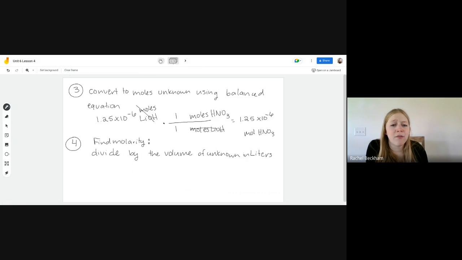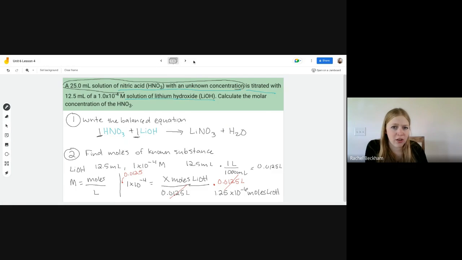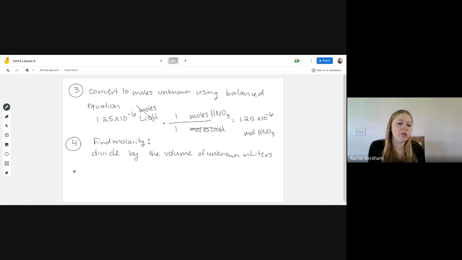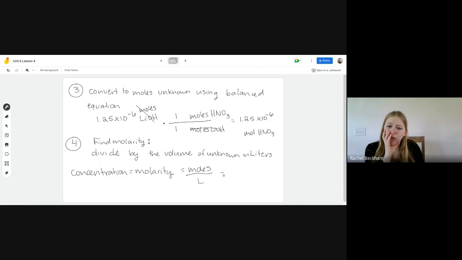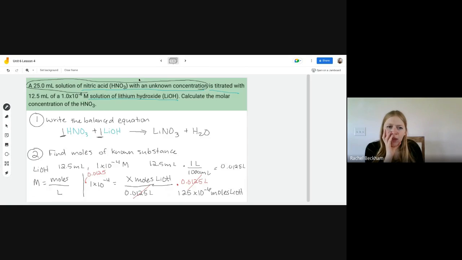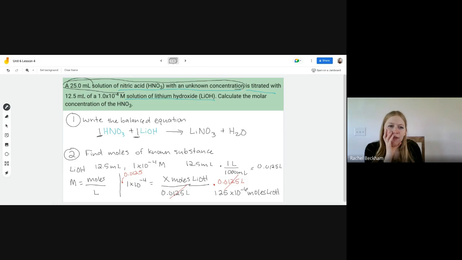And it asked me to find the concentration. Concentration is molarity. Concentration means molarity. And molarity is the moles that you have divided by the liters that you have. Well, I just figured out the moles that I have. It was 1.25 times 10 to the negative 6. And then the liters that I have, let's go back. It says that it's a 25 milliliter solution, 25 milliliters for the nitric acid.